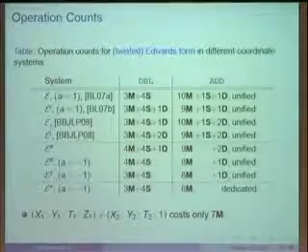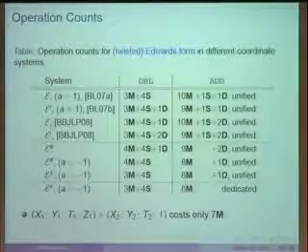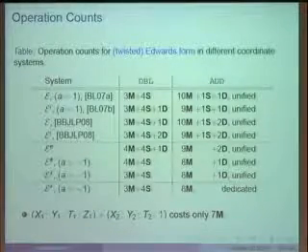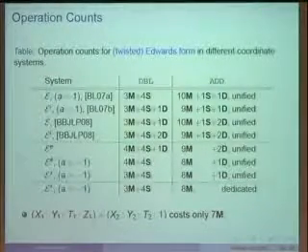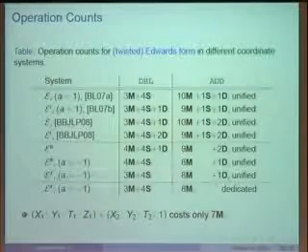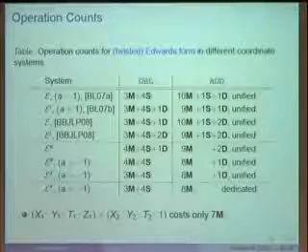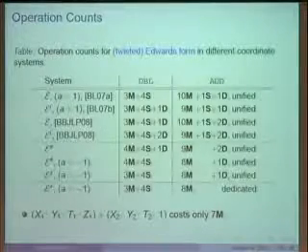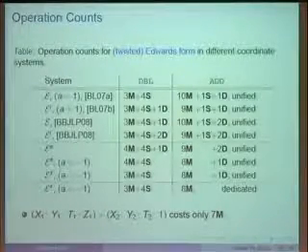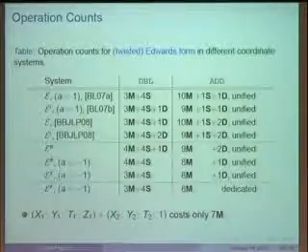That is, if you have Z2 coordinate or either of these coordinates equal to 1, then it is enough to make just 7 multiplications. And so far, the Edwards form has been the fastest for implementations, as far as I know.